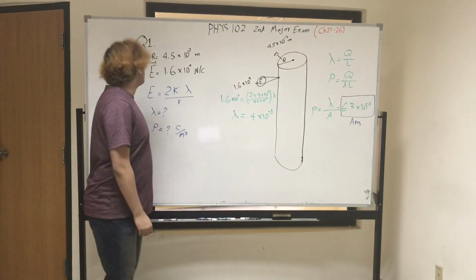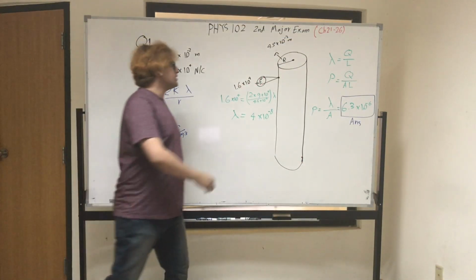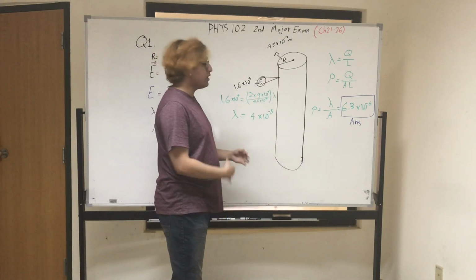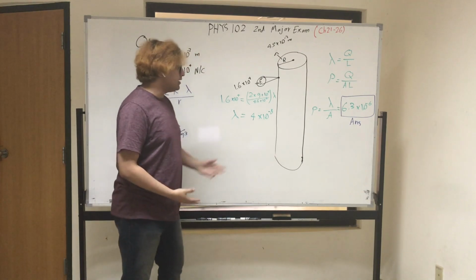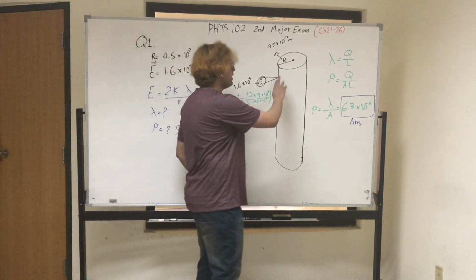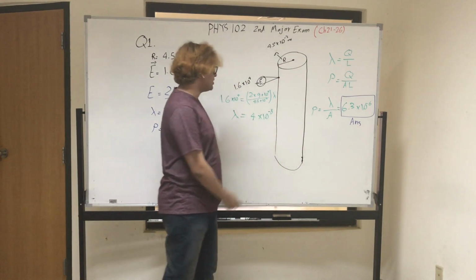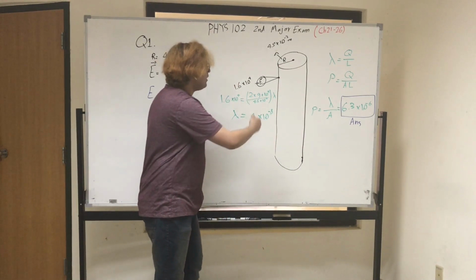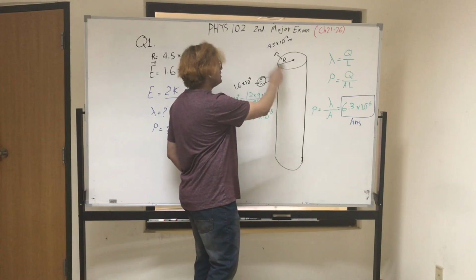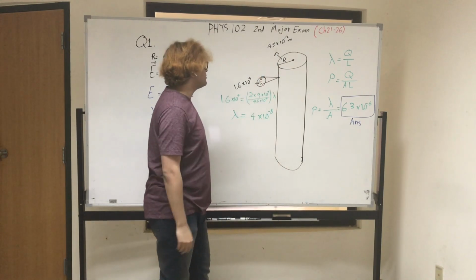In our first question, we have an infinitely long cylinder, or an infinitely long rod. When it says an infinitely long rod, it means a cylinder, because a rod is basically a cylindrical shaped object. We're given the radius of the rod, which is 4.5 times 10 to the negative 2 meters.